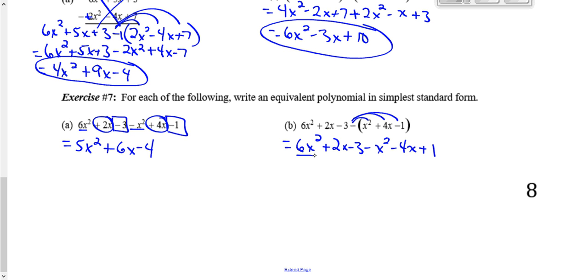So now I take my x squareds, and I get 5x squared. So I get my 2x, did I do that right? Yeah, 2x, okay. There, minus 2x, and then negative 3 plus 1 is minus 2. Okay?